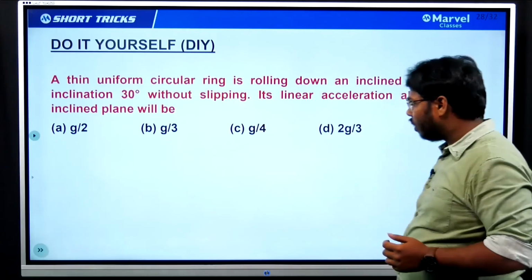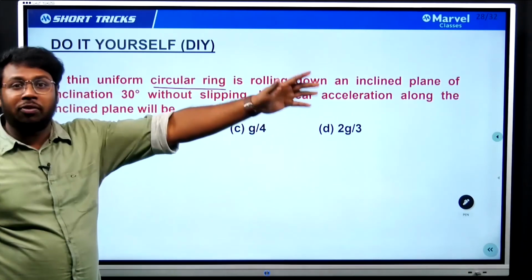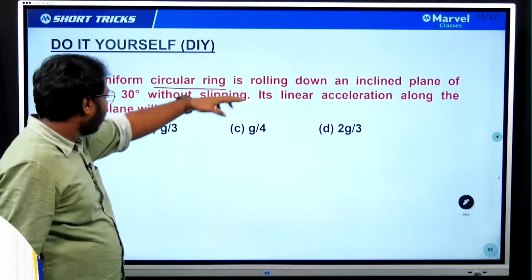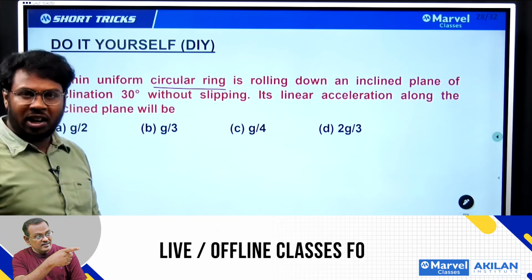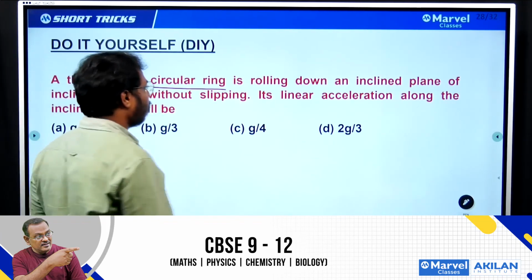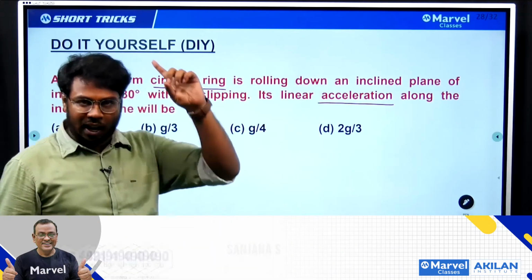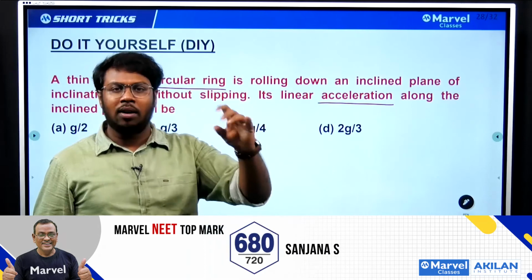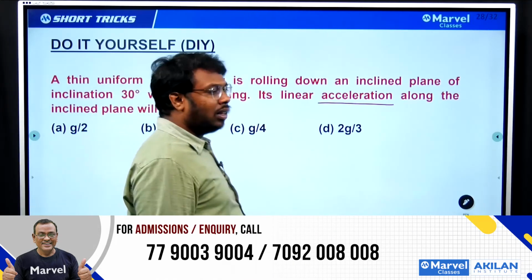See, a thin uniform circular ring. Instead of a sphere, you have a ring in here which is rolling down an inclined plane where the angle of inclination is 30 degrees. Here you are supposed to find the linear acceleration again. Same trick, same formula. At the very end, substitute the angle that is given to you.